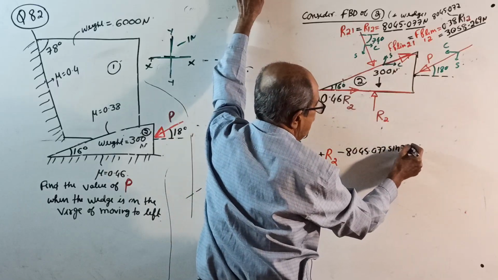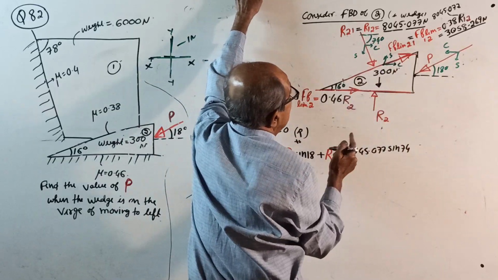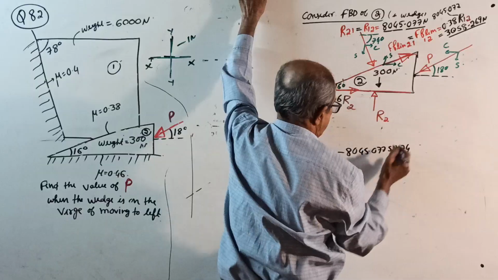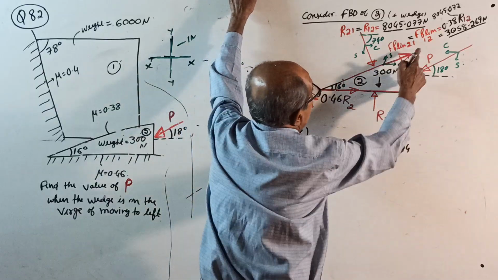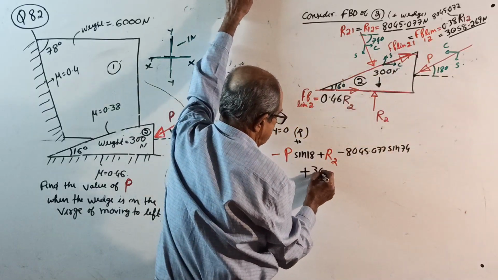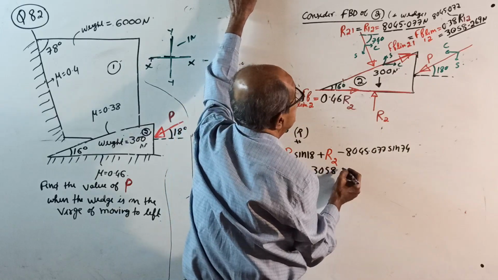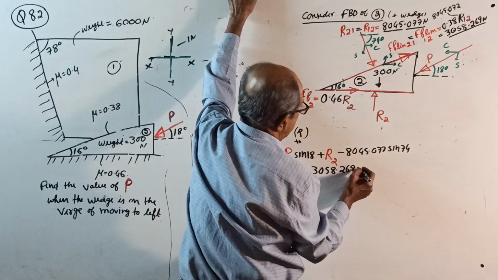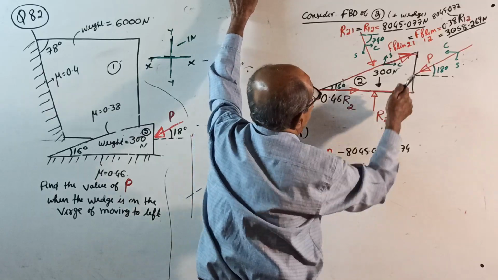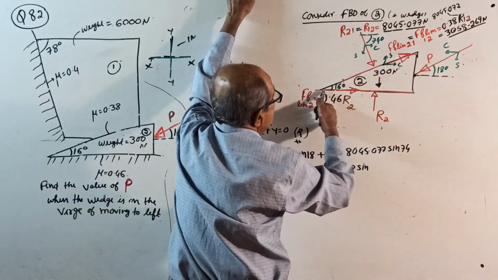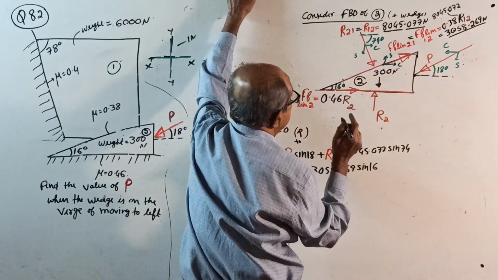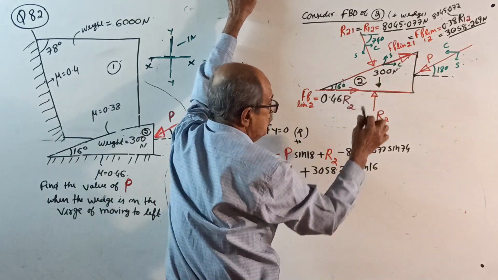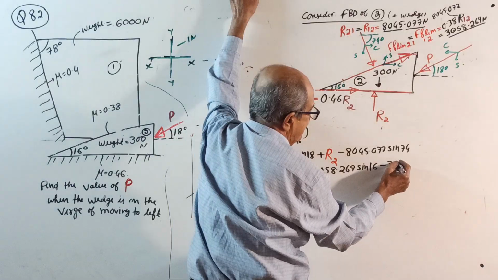Now I cannot explain everything. Sine 74, then see, this has got cos and sine. Plus 3058.269 into sine of, for this force the angle is 16 degrees, sine 16. Chance of making mistake: weight of wedge is there, minus 300.